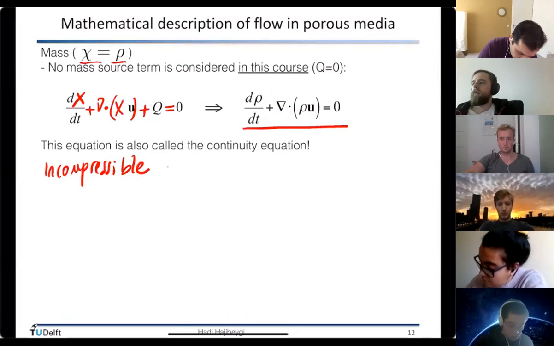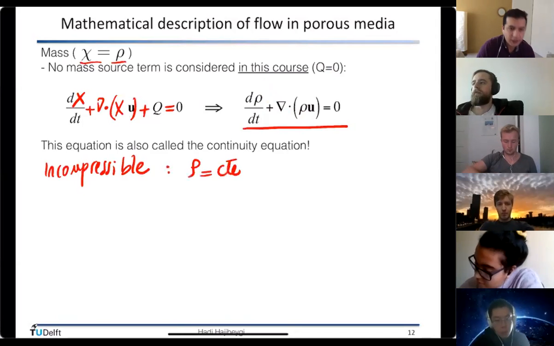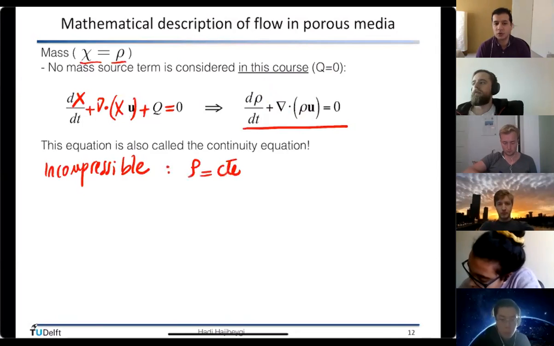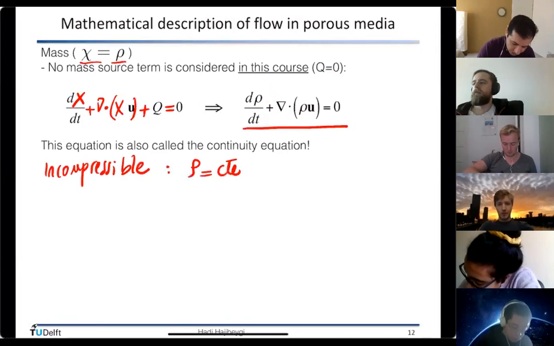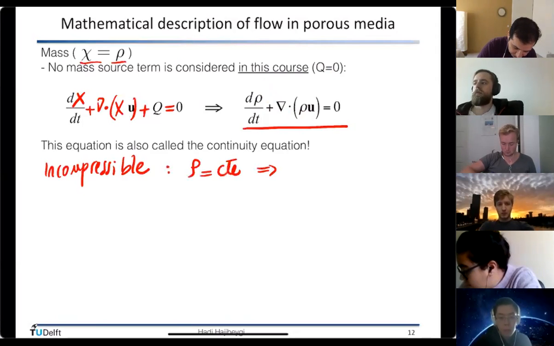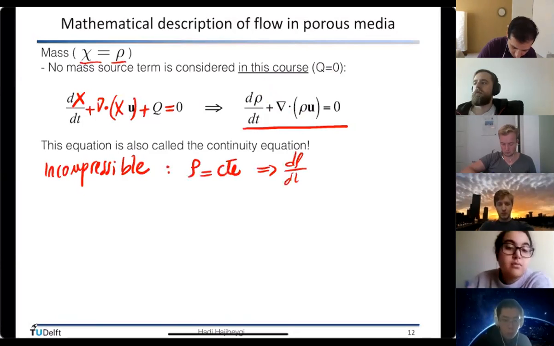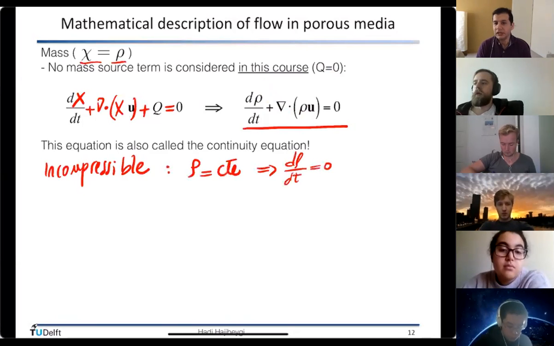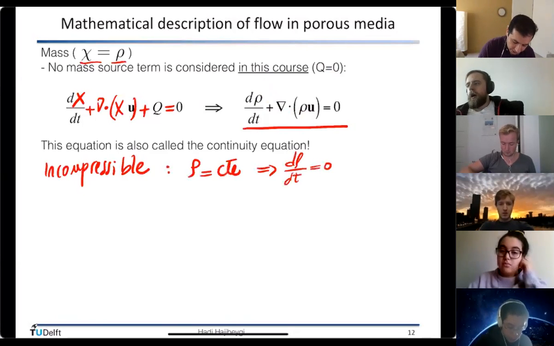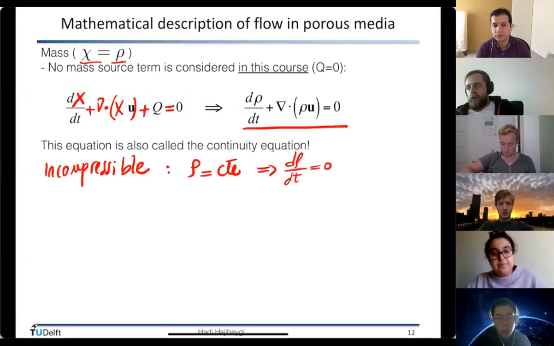So if it is incompressible, it means density stays constant. It would not change over time. Which means its derivative with respect to time would also be 0. When density is constant, its derivative would be 0.